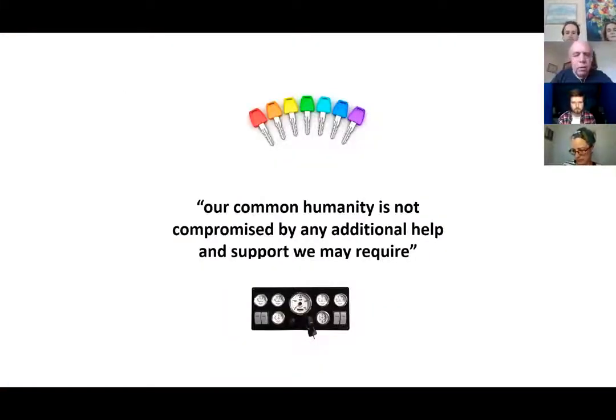Before we start talking about the individual keys themselves, I think it's important to realize that the argument here is that these are the things that give us access to citizenship, these individual dimensions that we're going to look at, but also that they give us a means of measuring whether or not citizenship exists.